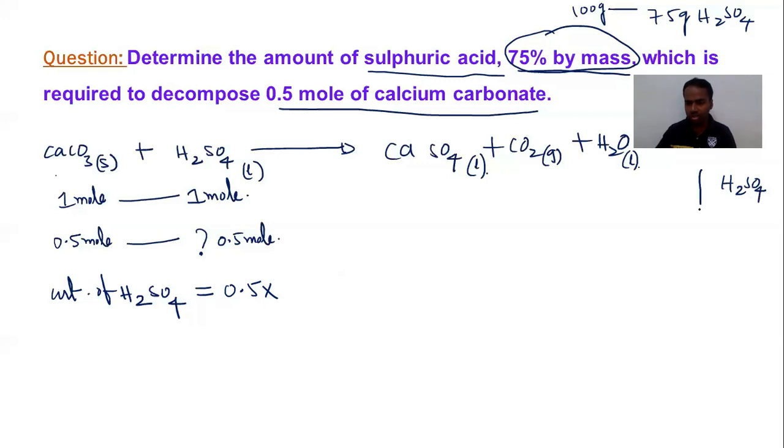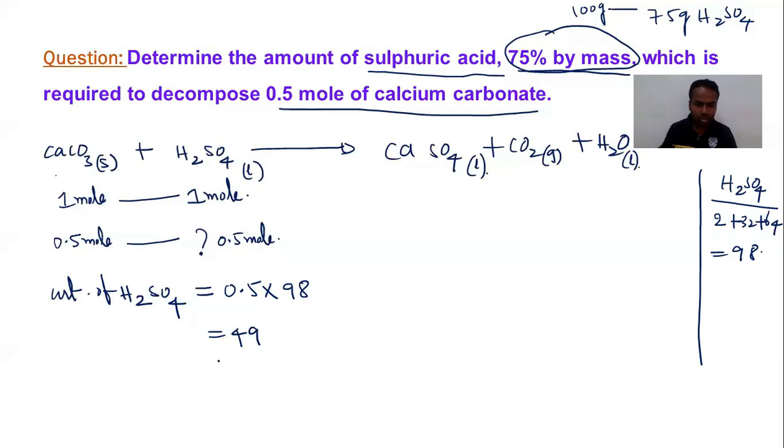So what is the molecular mass? 2 hydrogens, each hydrogen is 1, so 2, and sulfur 32, plus each oxygen is 16, so this is 64. Total it is 98. This is the way to calculate the molecular mass, the sum of atomic masses. 0.5 into 98 is 49 grams. So 49 grams of H2SO4 is sufficient to decompose the 0.5 moles of CaCO3.